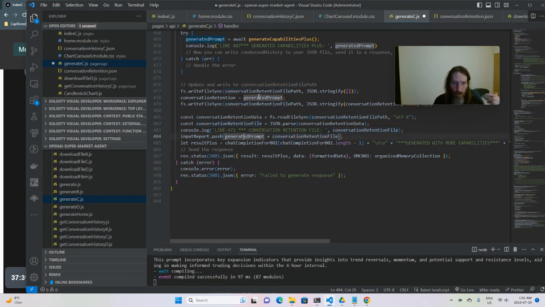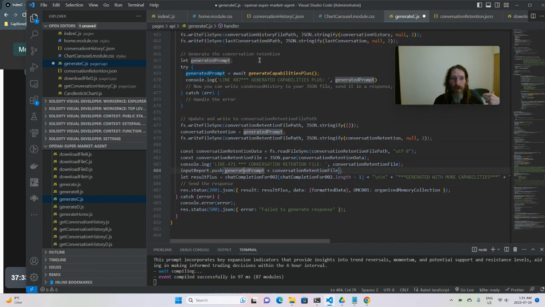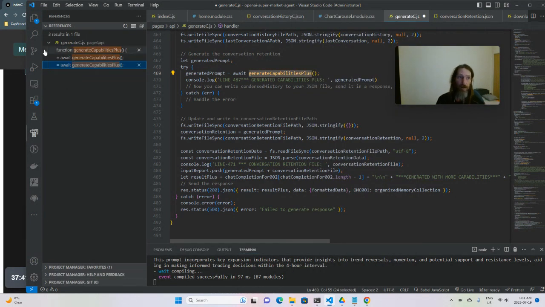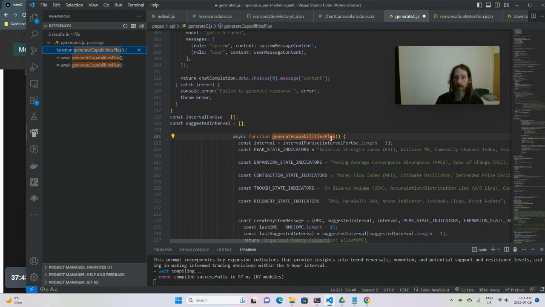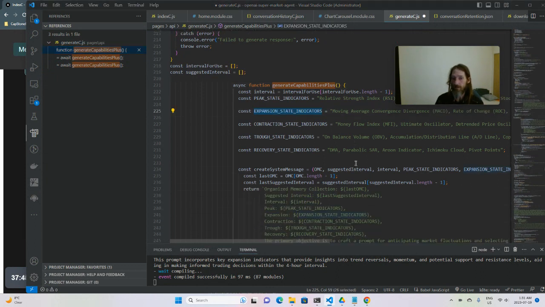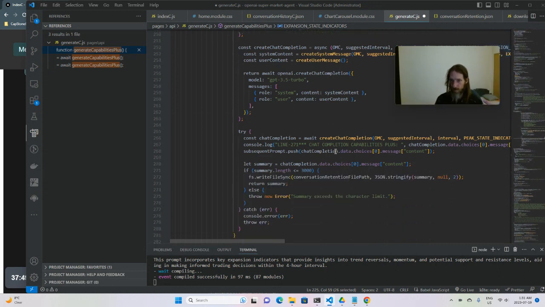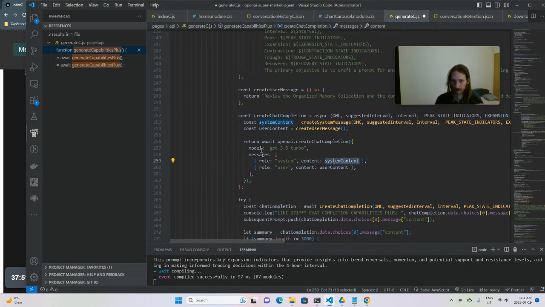And the generated prompt equals that generated capacity plus all this that I showed just prior here, how I set in this create chat completion model, GPT-3.5 Turbo.